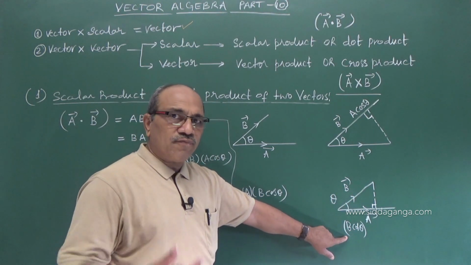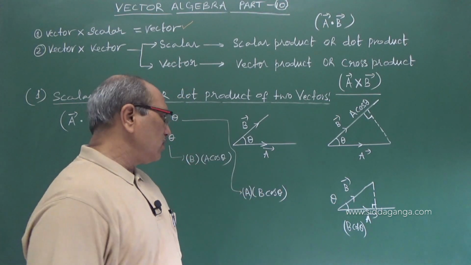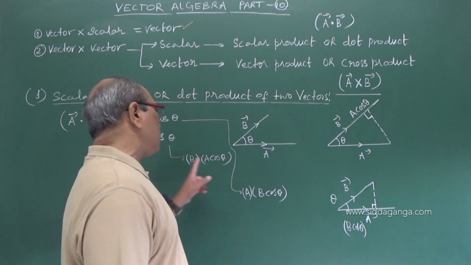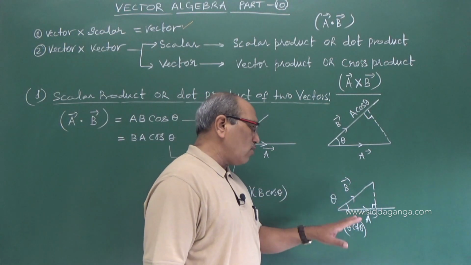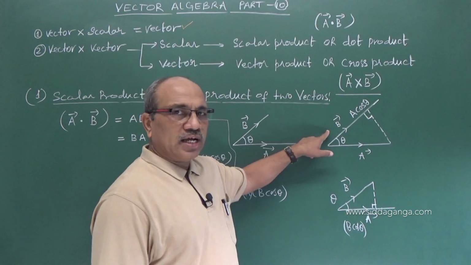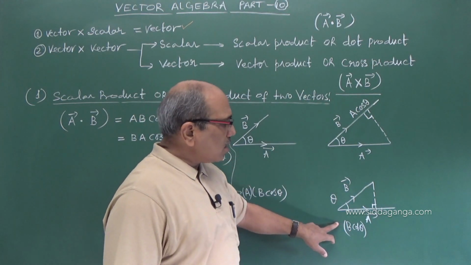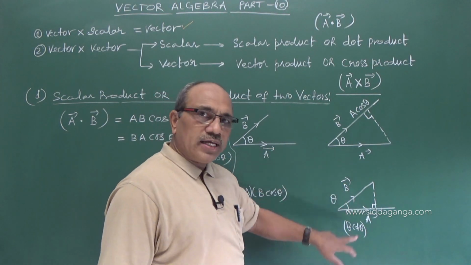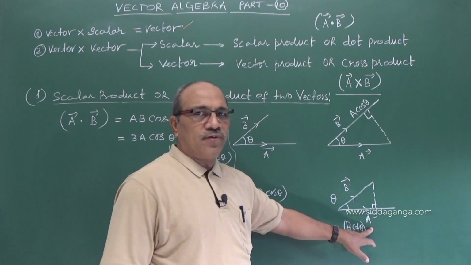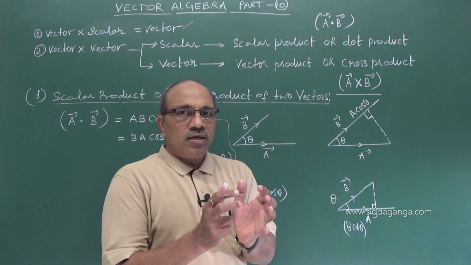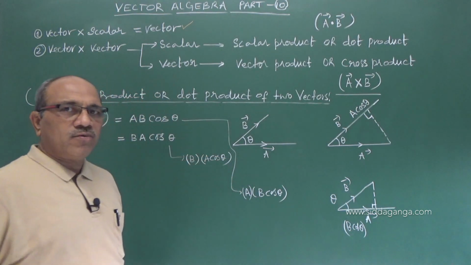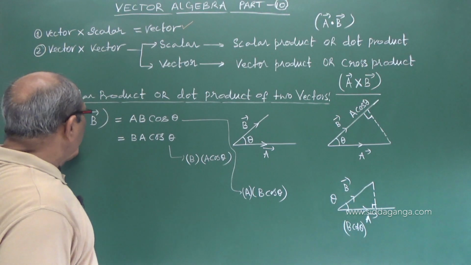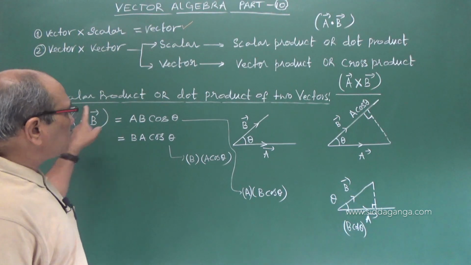Now I can redefine the dot product. AB cos theta, or it may be BA cos theta. The component of A along B into the magnitude of B, or the component of B along A into the magnitude of A, gives you the magnitude of the dot product of A and B. When you multiply vector A with B, it loses the direction.